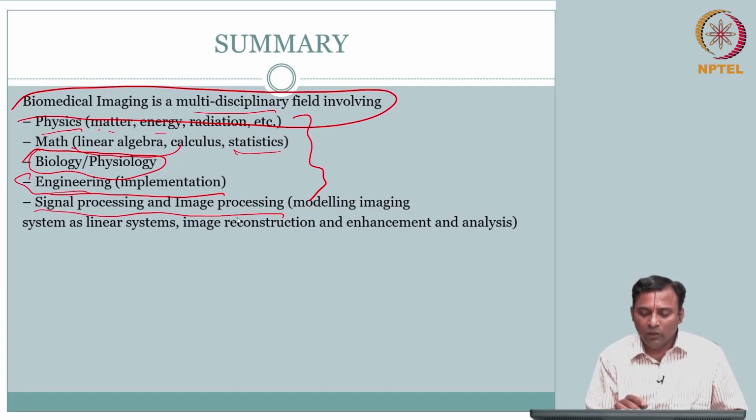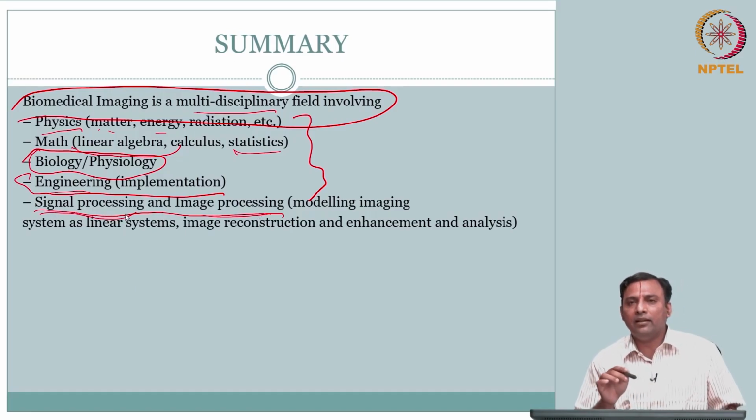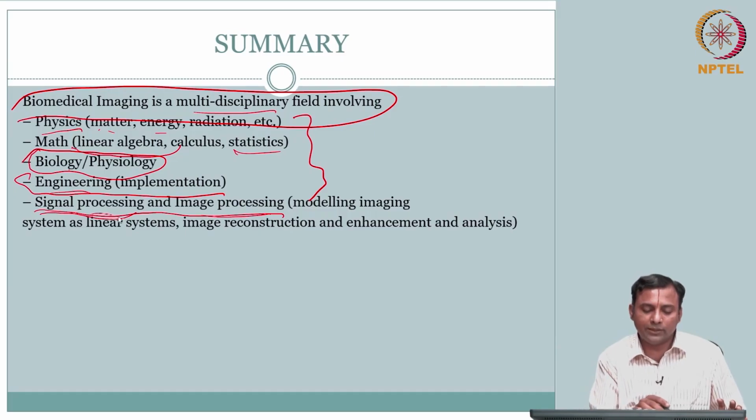Again, like I said, we will go a little low on image processing. We will work on signal processing, again not the typical signal processing course that you would have been exposed to in electrical engineering, for example. That is not the signal processing we are talking about. Some signal processing will be in the context of how you reconstruct the data. So it can be seen as applied mathematics.